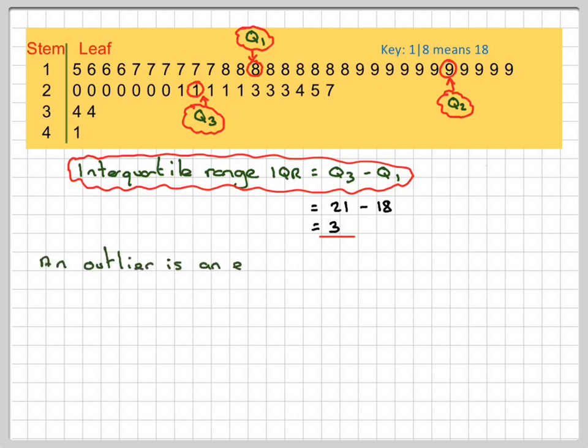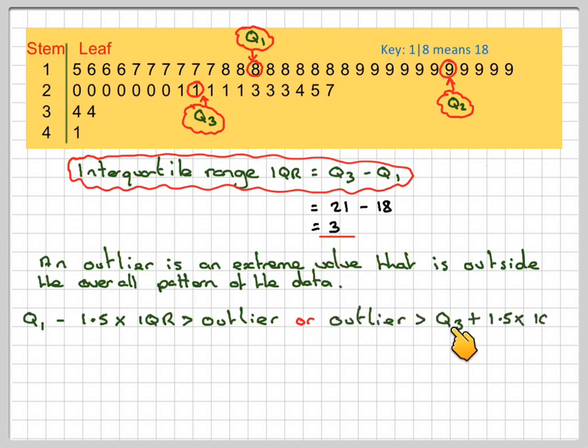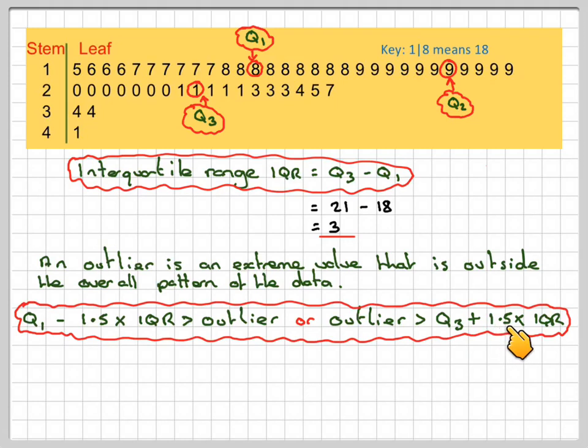Now, an outlier is an extreme value that is outside the overall pattern of the data. One common way of calculating it is that an outlier can be less than Q1 minus 1.5 times the interquartile range, which is 3, or greater than Q3 plus 1.5 times the interquartile range.